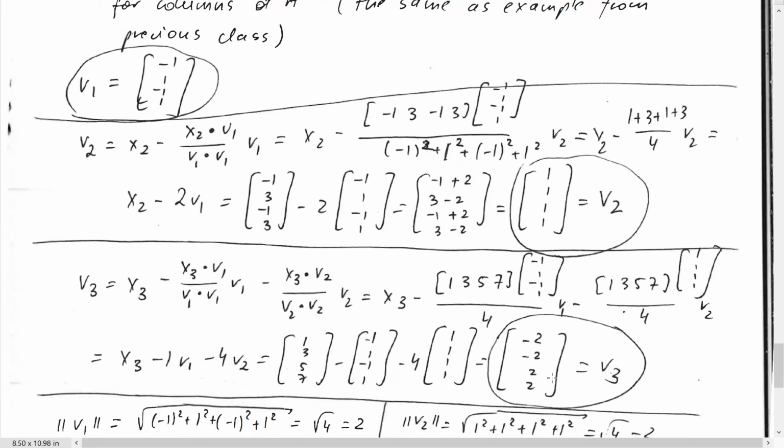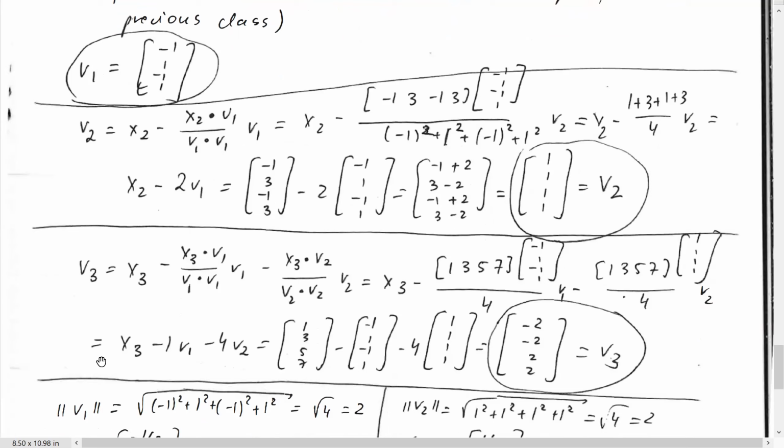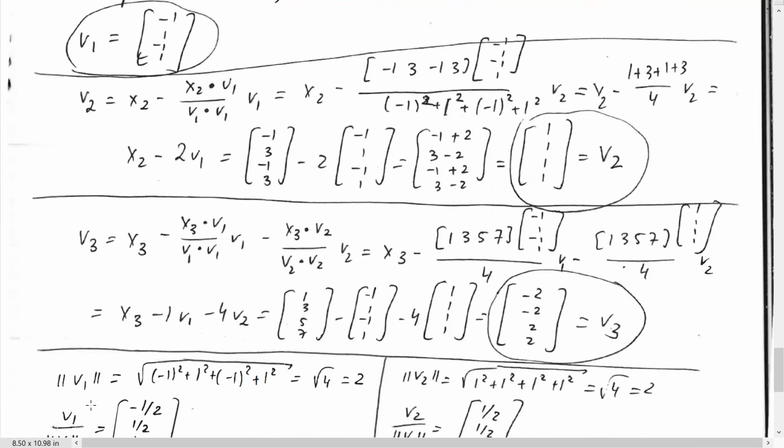They are all orthogonal vectors, but matrix Q has orthonormal vectors, so the length needs to be 1. I need to rescale it, normalize it. So I'm finding the norm of the first vector, which is the length, square root of minus 1 squared plus 1 squared plus minus 1 squared plus 1 squared.